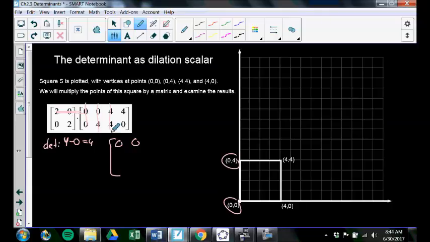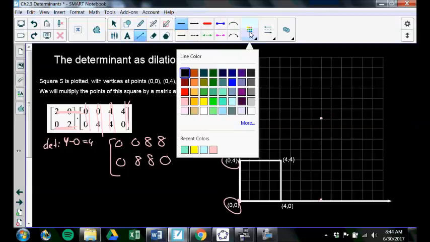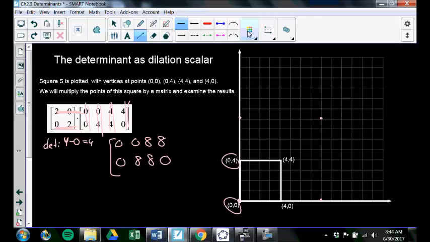Row, column, 8. Row, column, 8. Row, column, 0. Row, column, 8. Row, column, 8. Row, column, 0. So I have new points now. I have the point 0, 0, 0, 8, 8, 8, and 8, 0. I just created a new square.